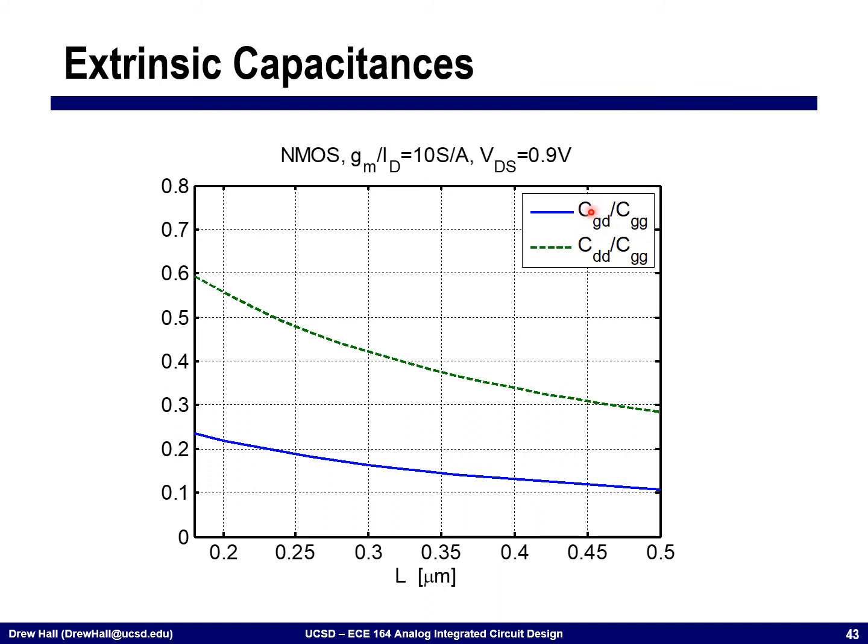It's the overlap capacitance, but CGG, the gate capacitance, is going down as we increase the length, and so this ratio also decreases. CDD, for similar reasons, as a function of the gate capacitance, decreases. Again, both of these are because these two quantities are not really a function of the channel length. CGG is a function of the channel length.